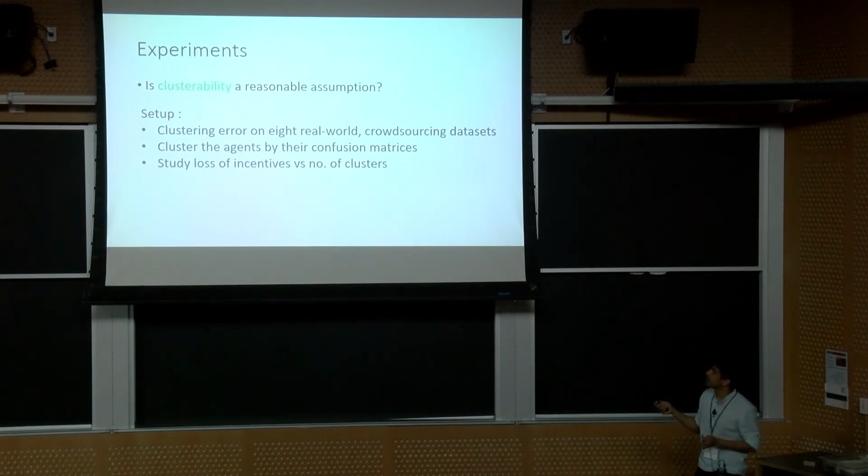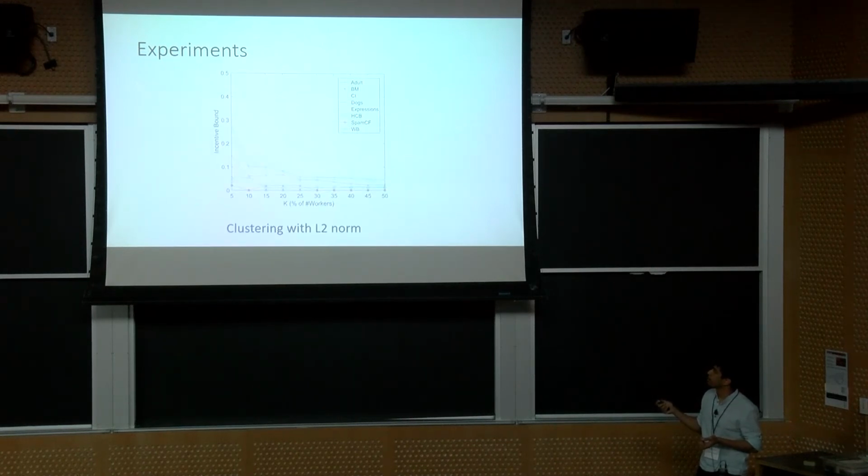And once we compute the confusion matrix, we can cluster the agents by the k-means algorithm. And so what we will study is if we increase the number of clusters, how the incentive bound changes. So the x-axis here shows the k, which is the percentage of number of workers. So for all of these datasets, the number of workers were around, I think, 400 to 500.